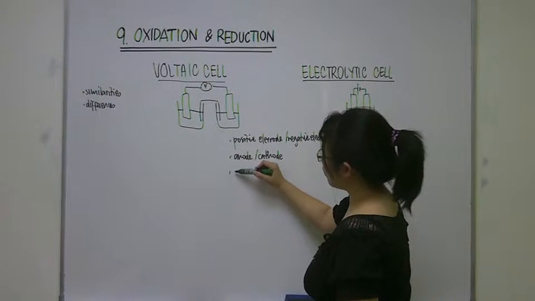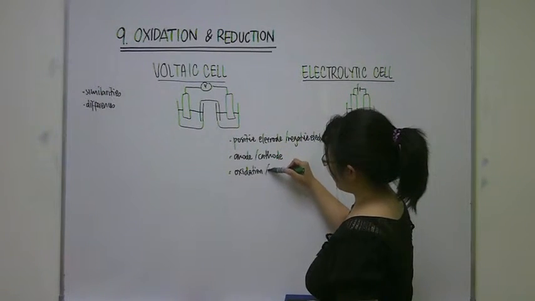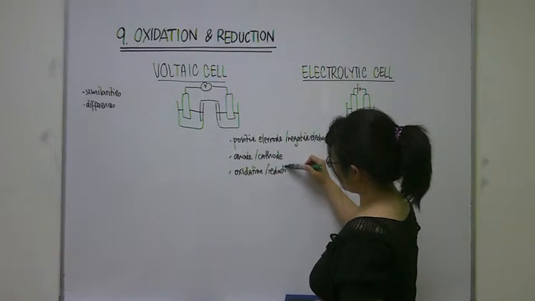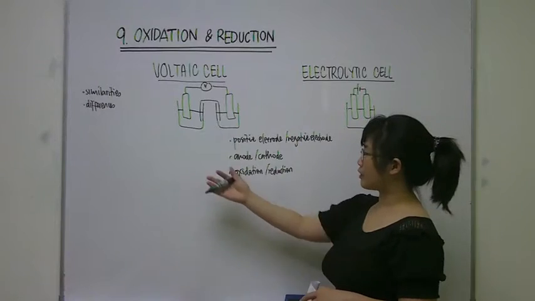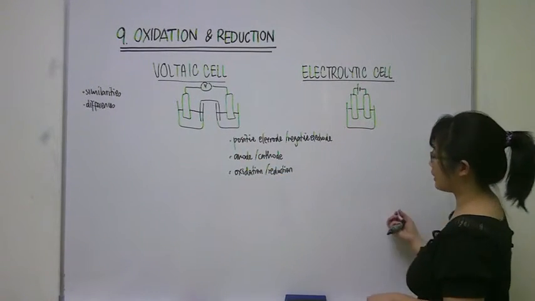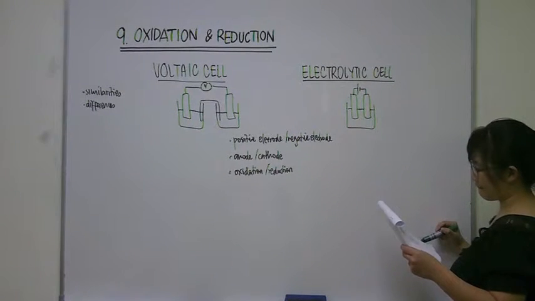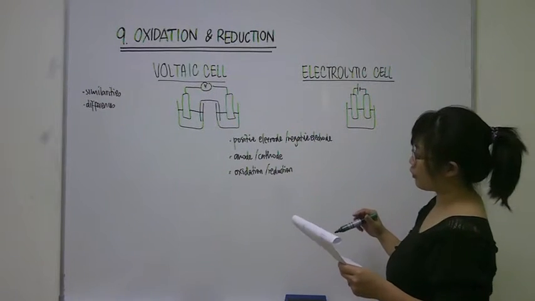They need to know where oxidation or reduction will happen. For example, oxidation will happen in this cell because of what. So they need to know how to do that.